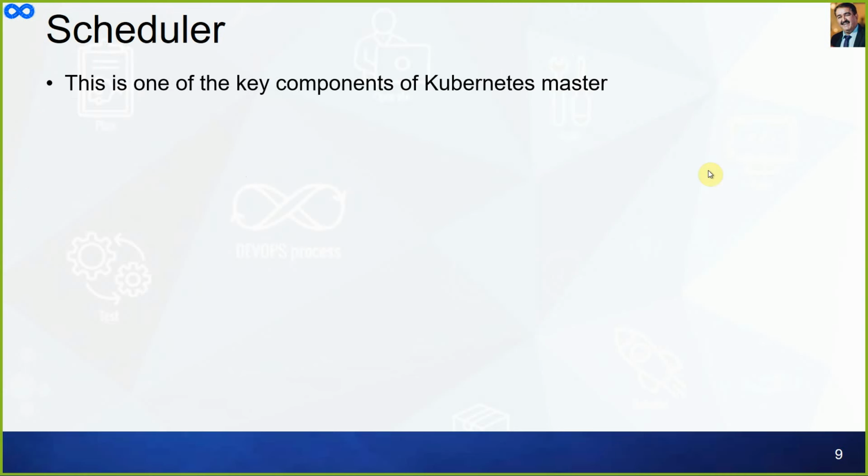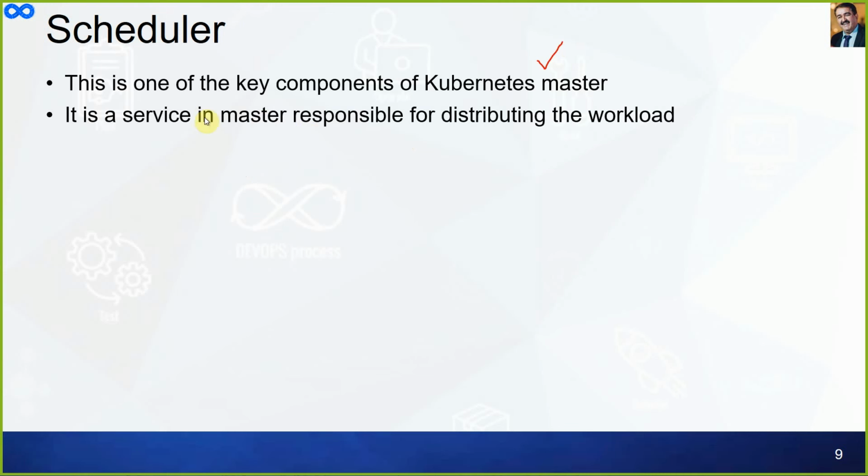Scheduler is one of the key components of the Kubernetes master. It is a service in master responsible for distributing the workload, meaning whenever a manifest file, simply manifest is what we will call it from now onward, is sent to the API server, the controller will watch for it.